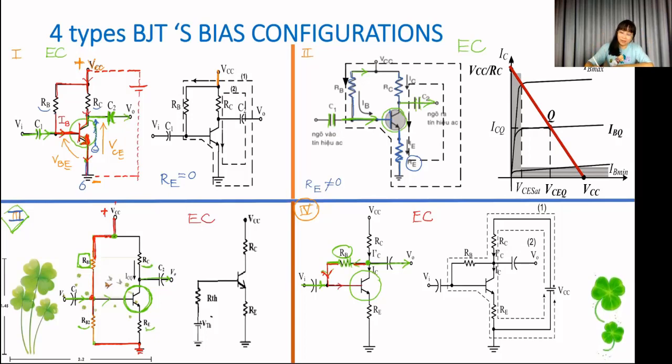This is the volt ampere characteristic. We call this VCE and the collector current. And maybe you can see here 2 points, and you can see one red color.